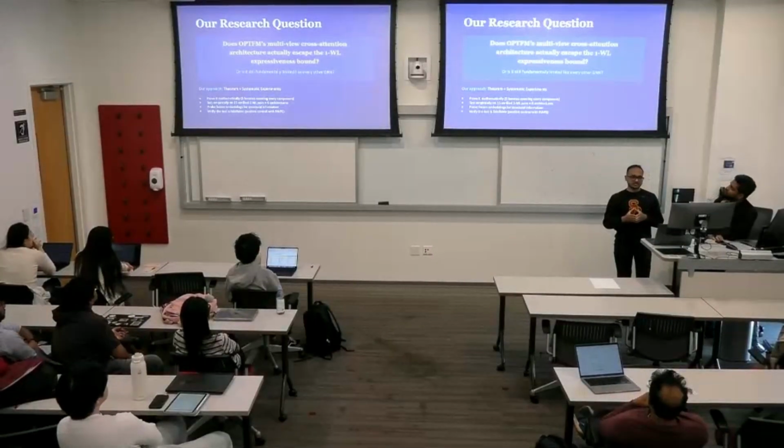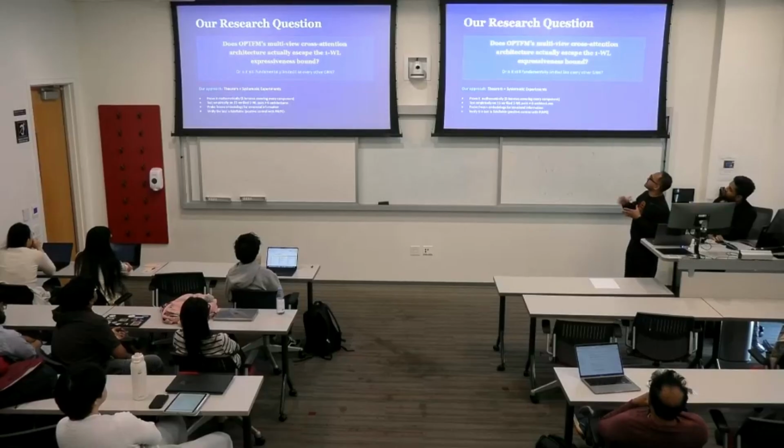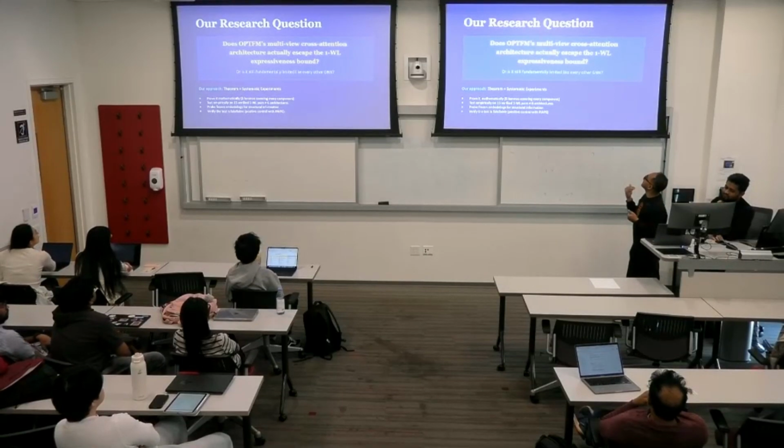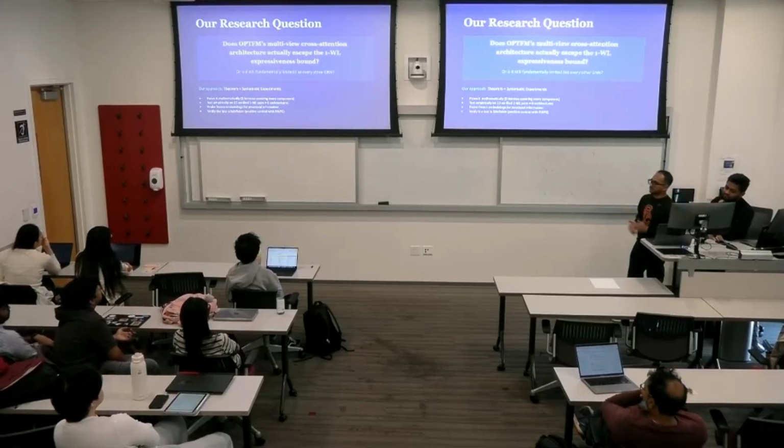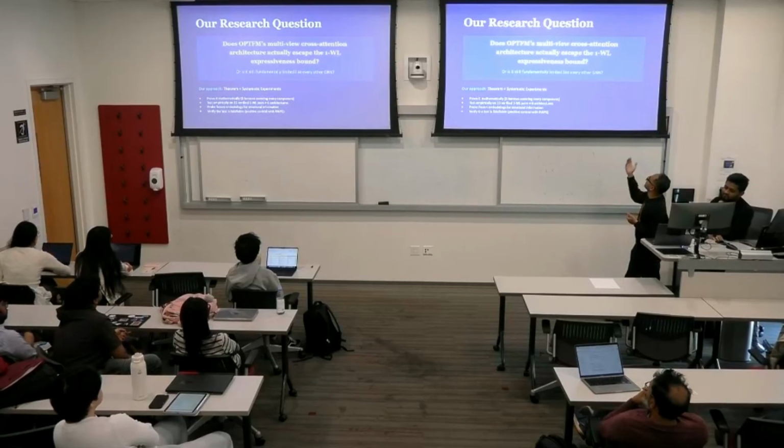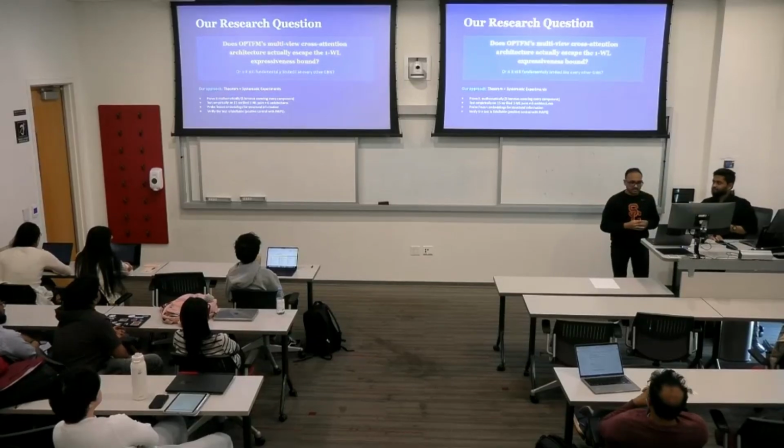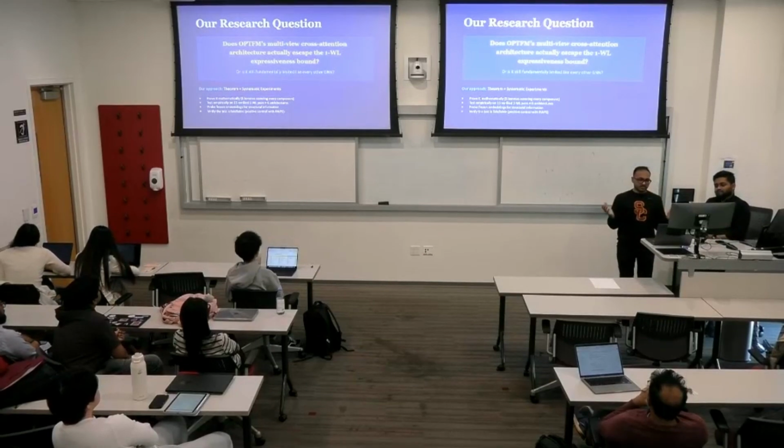So our research question is quite direct. Does OPTFM's multi-view cross-attention architecture actually escape this expressiveness bound, or is it still fundamentally similar to a standard GNN? Our approach combines theory and experiment.